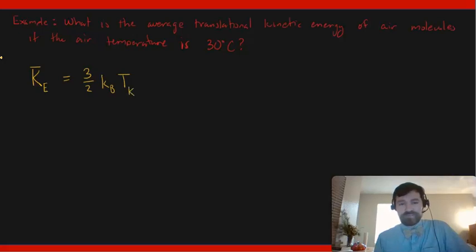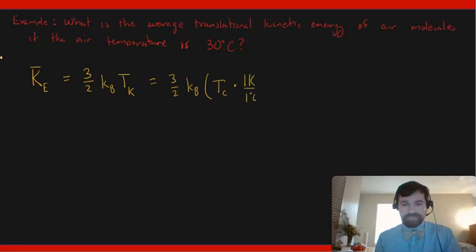So we could say T sub K. So this is 3/2 of the Boltzmann's constant times Tc plus 273, or maybe I should do this properly, Tc times 1 Kelvin per 1 degree C plus 273.15 Kelvin.